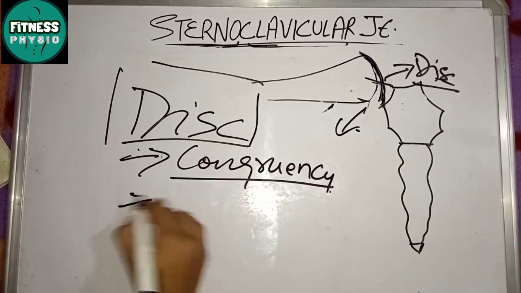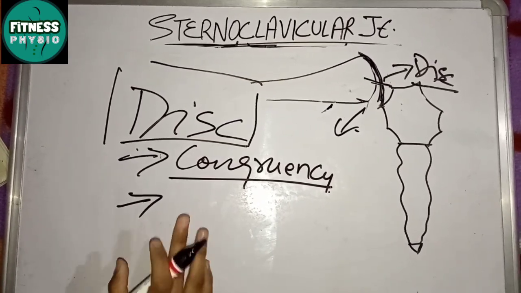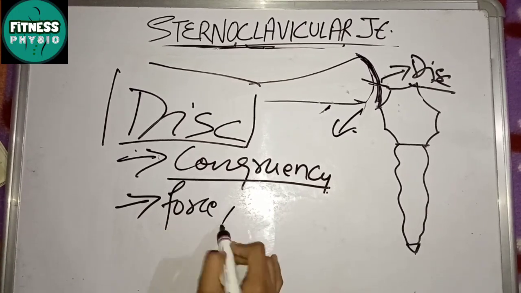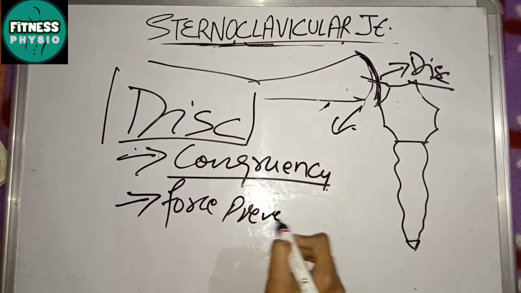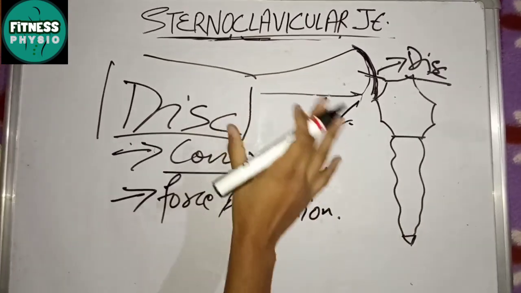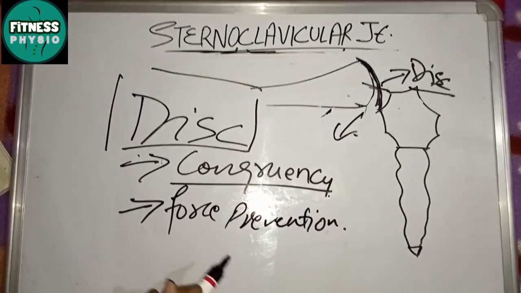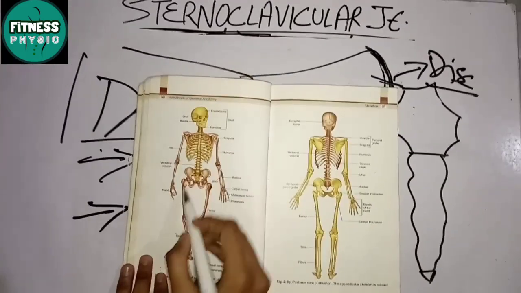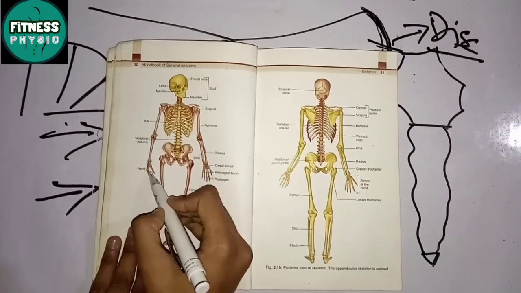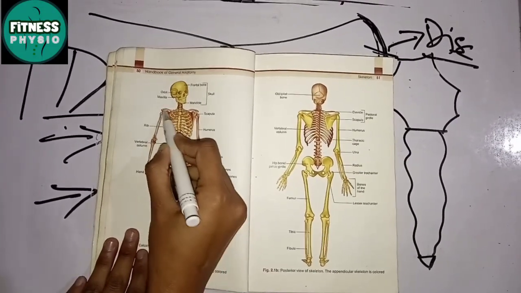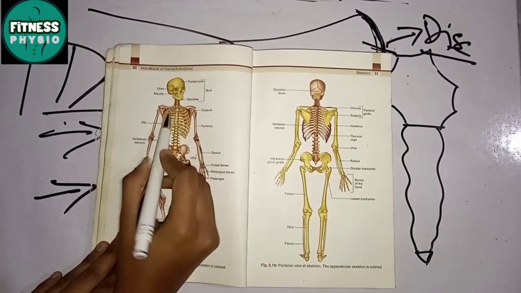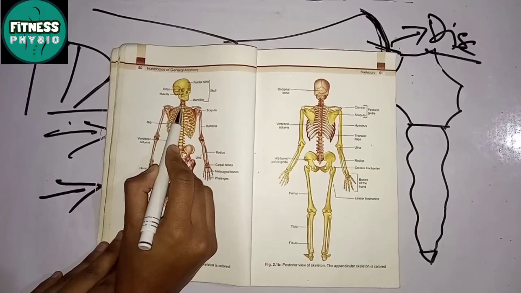Now, the second most important function is force prevention. Let's suppose you have hit something. The force is transmitted from your appendicular structure to your axial body. So here is your SC joint and here is your disc.